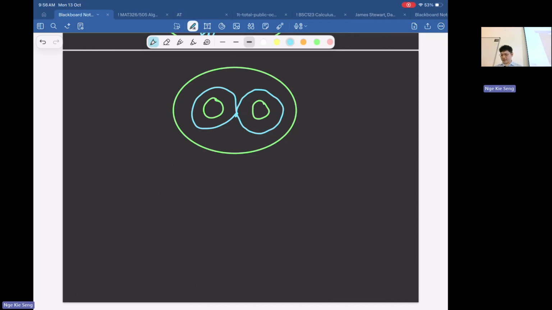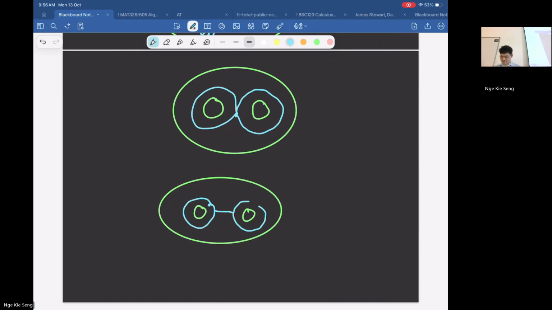But there's another different one, which is called a dumbbell because it really looks like a dumbbell like this. It's like you pulling the intersection a bit longer.